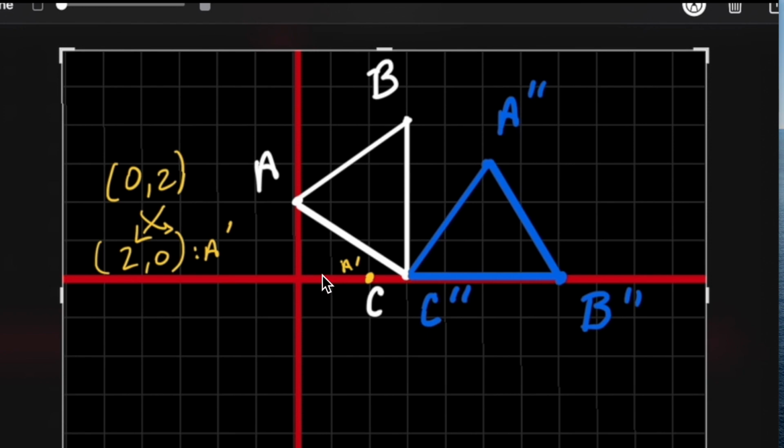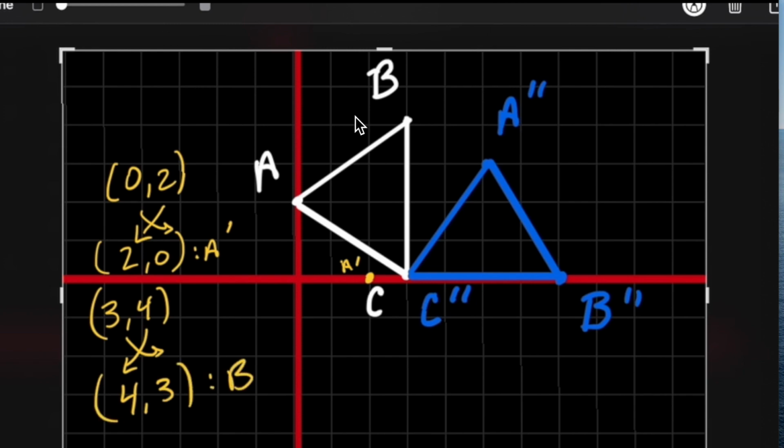Okay, let's now do B prime. So B starts out with the coordinates 3, 4. Since it's a 90-degree rotation, we are going to swap the integers. We're not going to look at the sign yet until we figure out what quadrant we're going to be in.